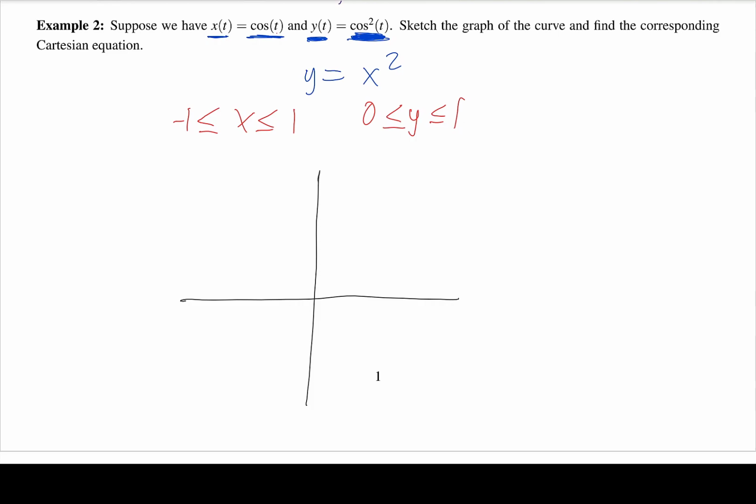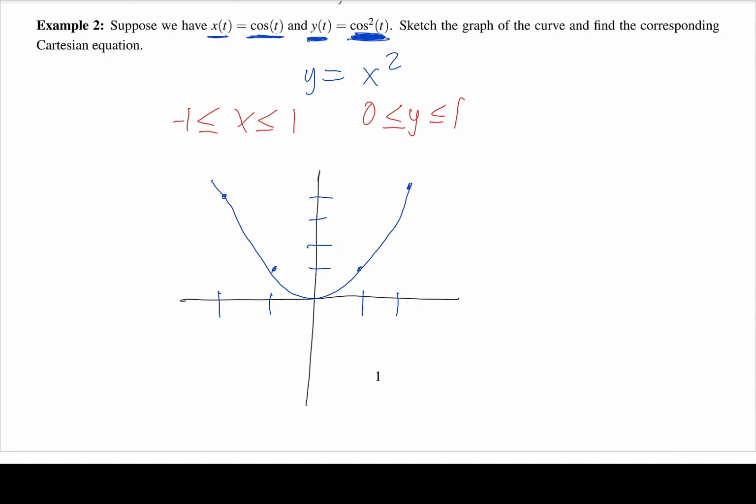So a parabola would look something like this. Let me graph this a little bit better. We'd have 1, 1, 2, 4. A parabola would traditionally look something like this.